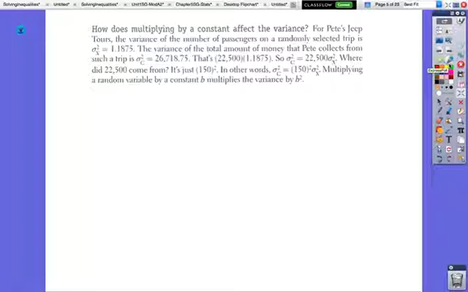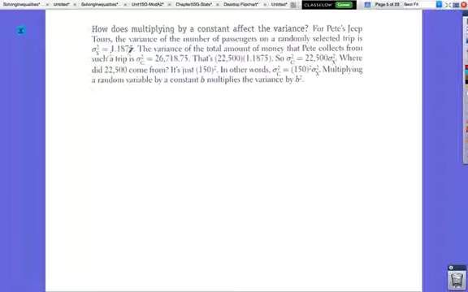For Pete's Jeep Tours, the variance of the number of passengers on a randomly selected trip is 1.1875. The variance of the total amount of money that Pete collects from such a trip, the variance sub C, is 26,718.75.